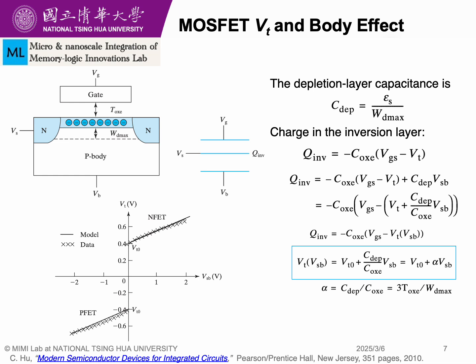Imagine the MOSFET as having two capacitors. One is the oxide capacitance here, and the other is between the channel and the body, and that is the depletion layer capacitor.